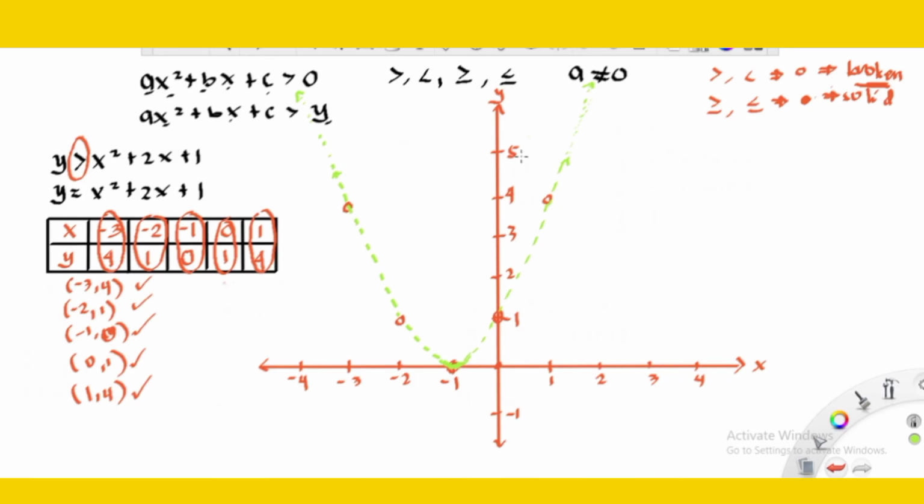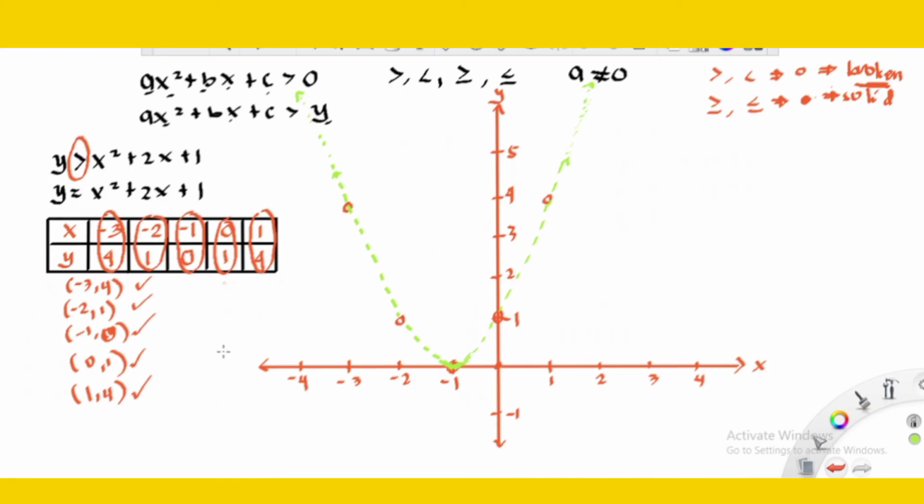Okay? And then, meron tayong outbound region, yung nasa labas naman niya. Ito yung mga points dito sa labas. Ngayon, aalamin natin, ano ang isi-shade natin? Kasi yung isi-shade natin na region, yun yung solutions ng ating given inequality.